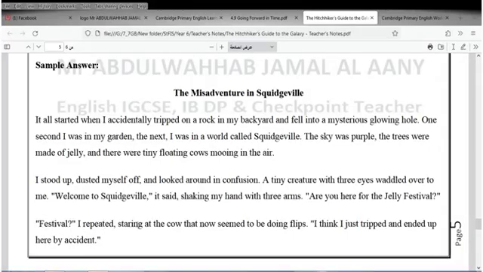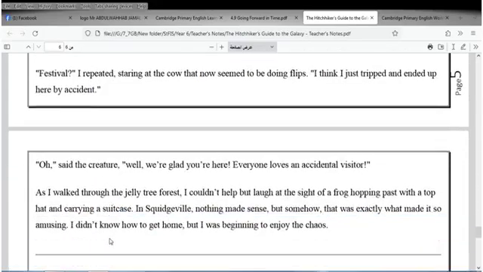"Festival?" I repeated, staring at the cow that now seemed to be doing flips. "I think I just tripped and ended up here by accident." "Oh," the creature said. "Well, we're glad you are here. Everyone loves an accidental visitor."